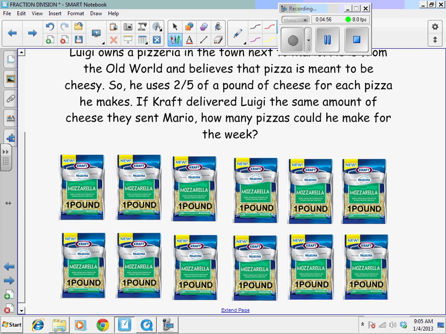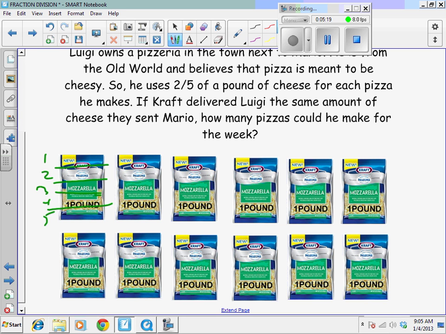What do I have to do graphically with each one of these pounds of cheese? Dylan? Divide each pound of cheese into 5 parts. Graphically, 1, 2, 3, 4, 5. Everybody sees that?